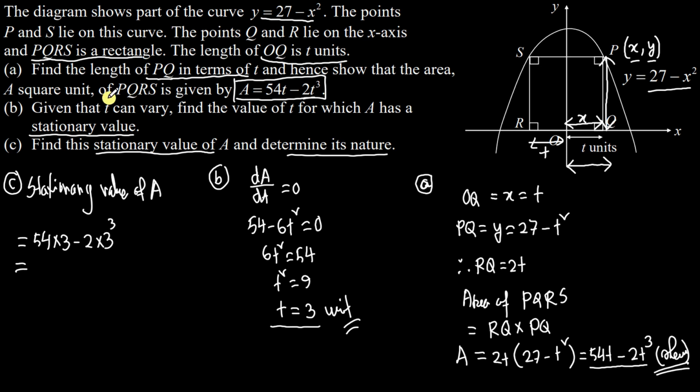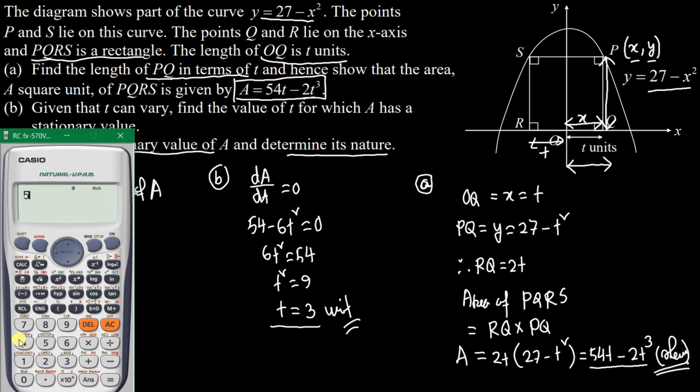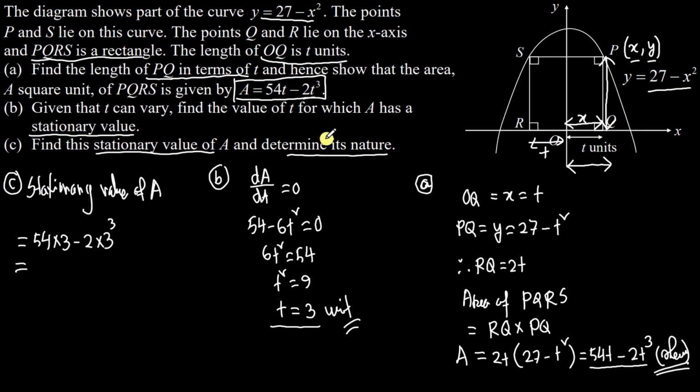Let me use the calculator: 54 times 3 minus 2 times 3 to the power 3 gives us 108. So 108 units squared. This is our answer for the stationary value of A.